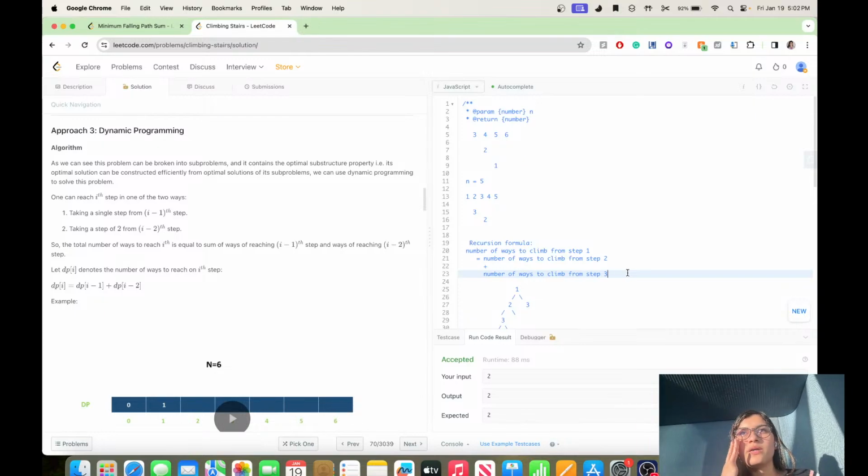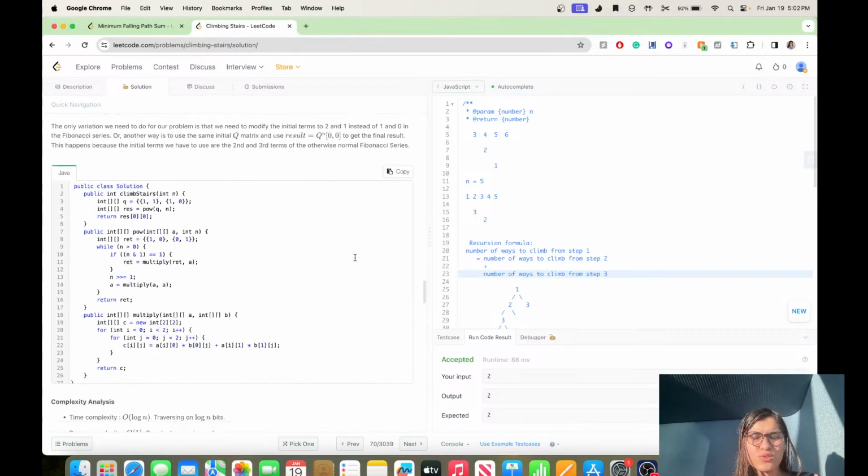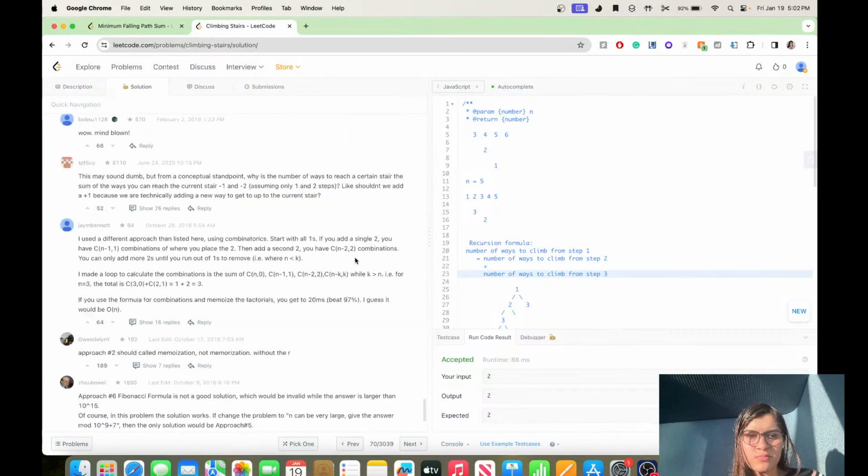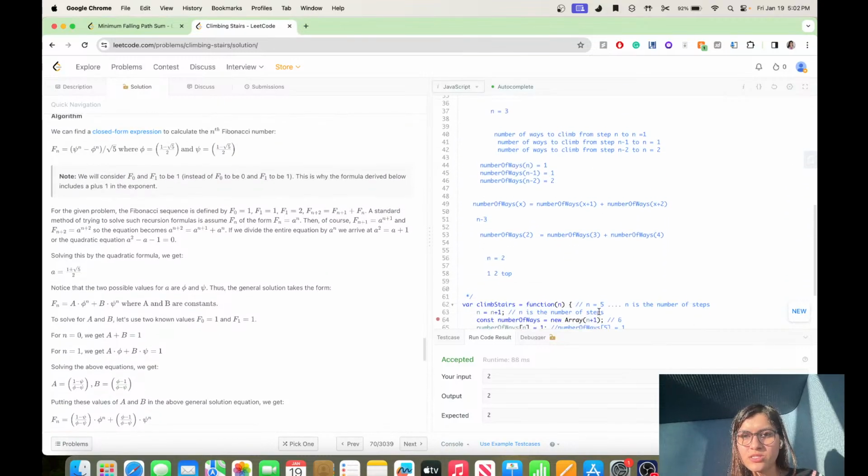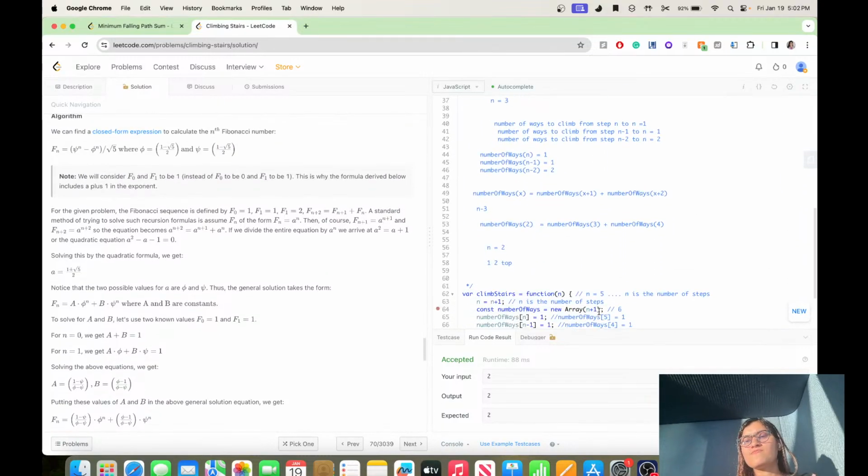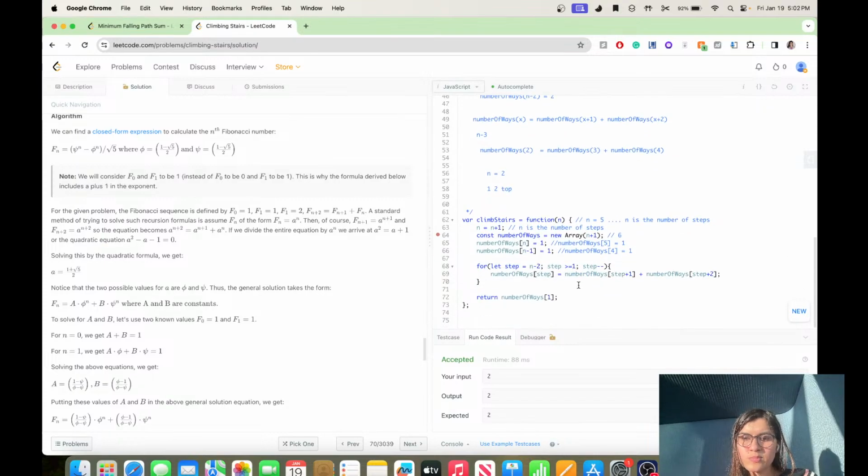I can divide into subproblems, and I can get the solution of one problem from the solutions of other subproblems. These are the subproblems, and I could get a problem from each subproblem.